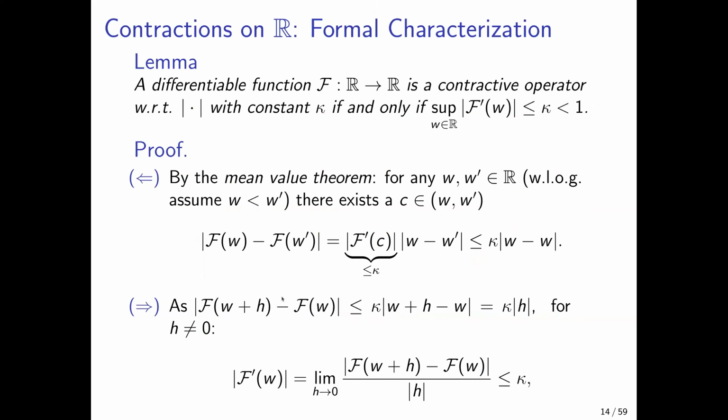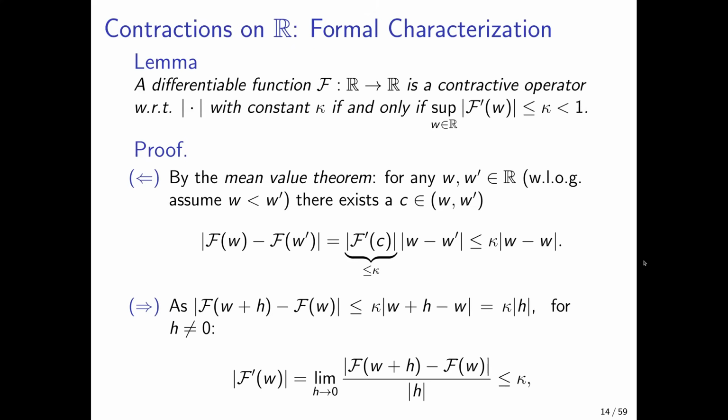And we can formalize this intuition that this contraction property has something to do with the derivative in the following way. Namely, we can say that some differentiable function on R is contractive with respect to the absolute value and with this contraction factor kappa, if and only if its derivative is uniformly bounded by kappa, which is strictly smaller than 1. And we are also giving here a short proof if you're interested in this.